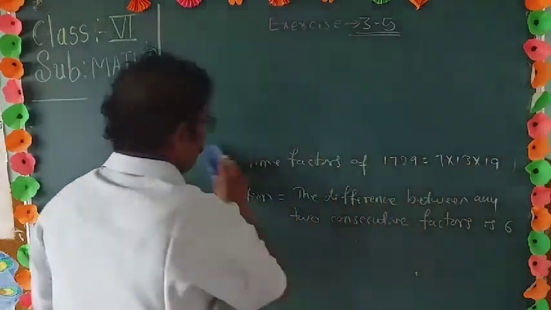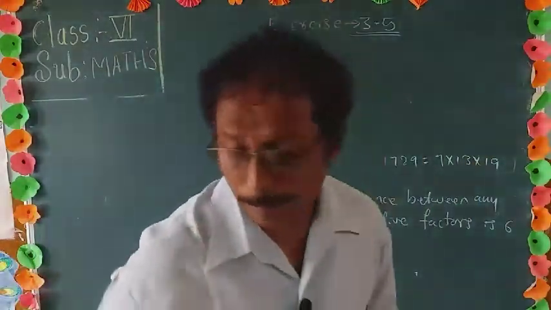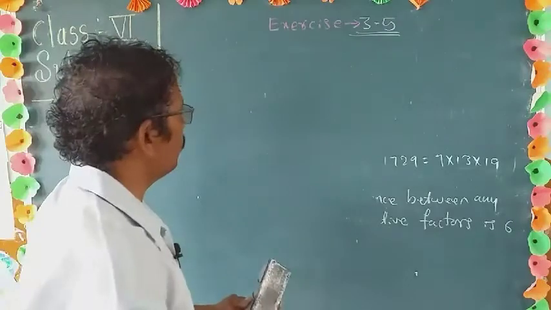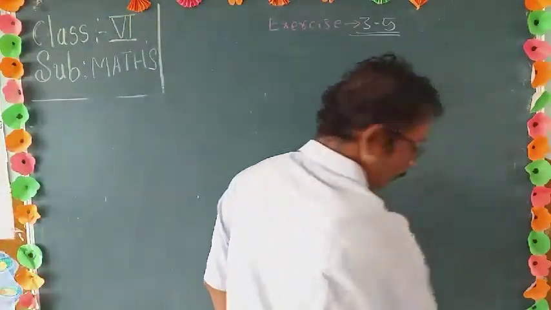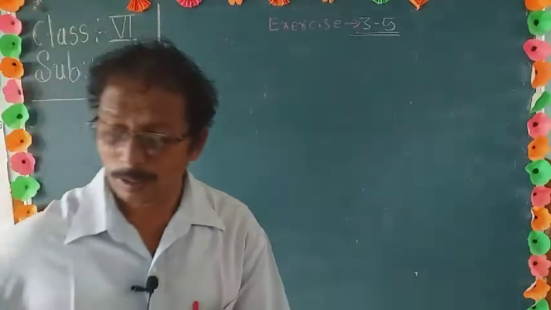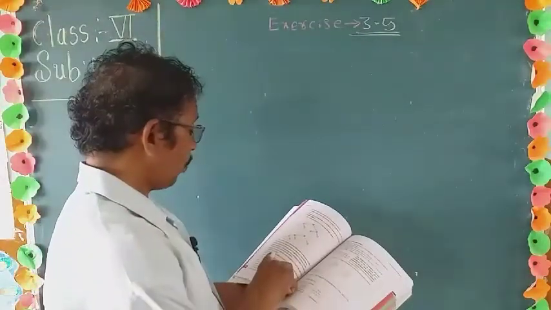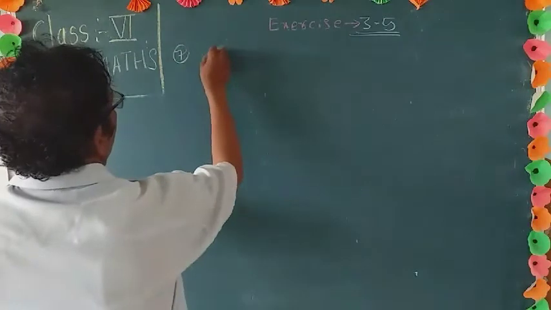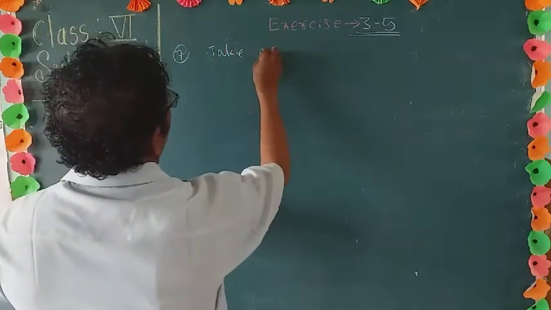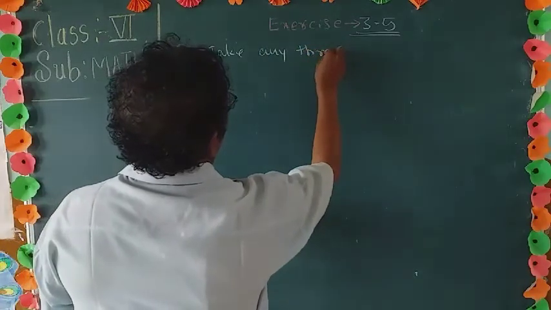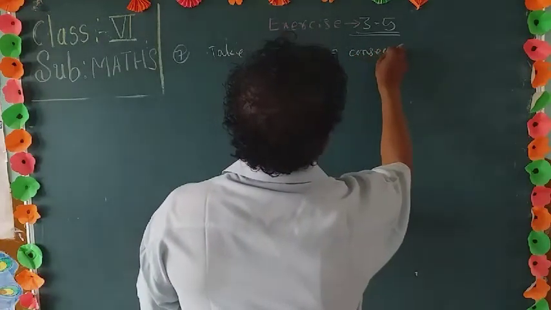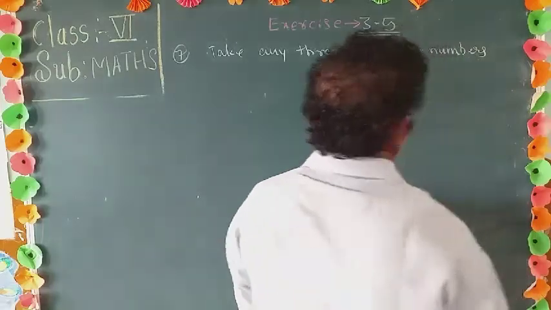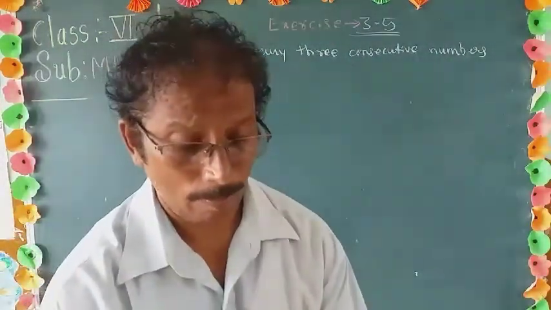Now the question number is 7. In the question we are given the product of three consecutive numbers. Take any three consecutive numbers.